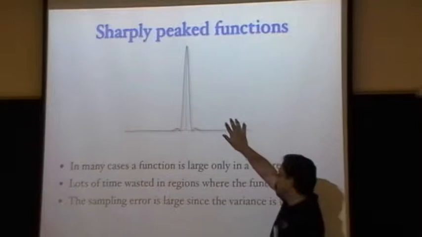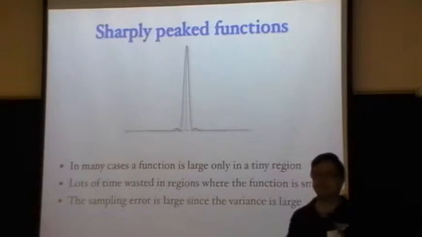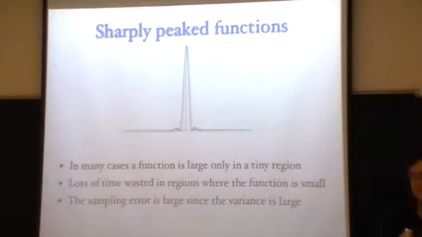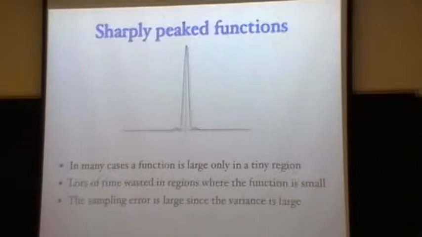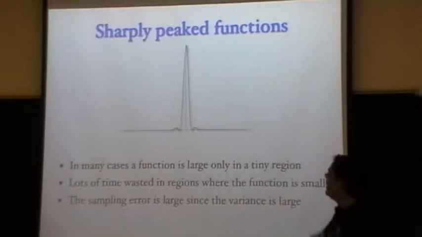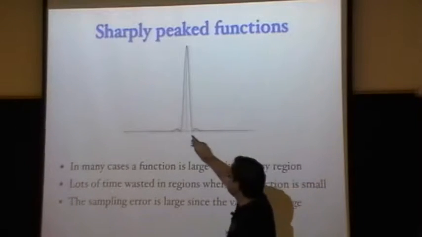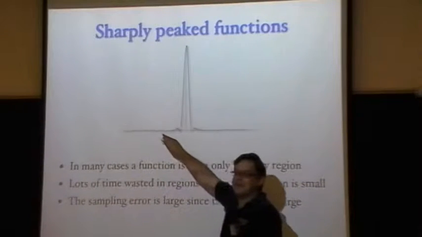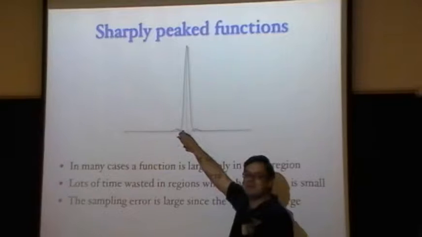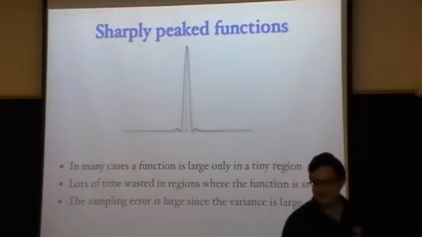What do we want to do when we have such a function that is sharply peaked in one region? Then we simply do not want to sample uniformly, because we sample here and here and here, and we always measure essentially zero. Maybe once in a year, by chance, we meet the center and say, hey, we got something.